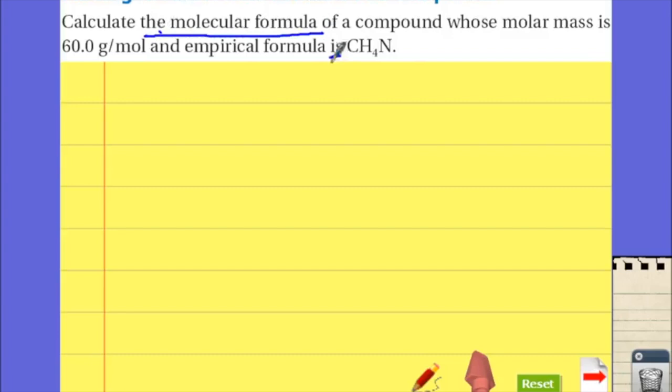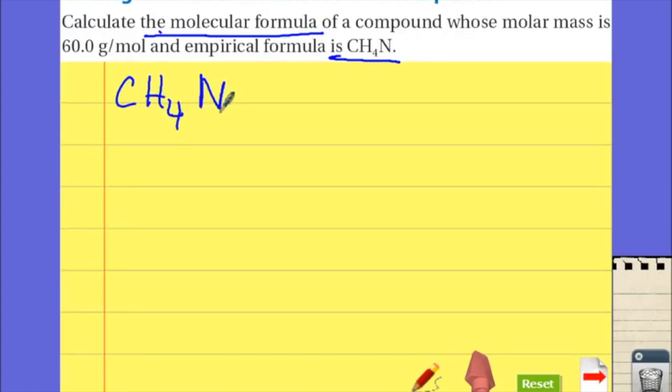They asked me for the molecular formula. They give me the empirical formula. This is what I do. The empirical formula is CH4N.